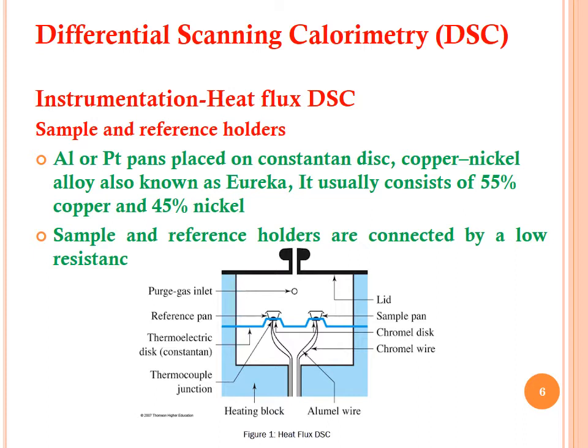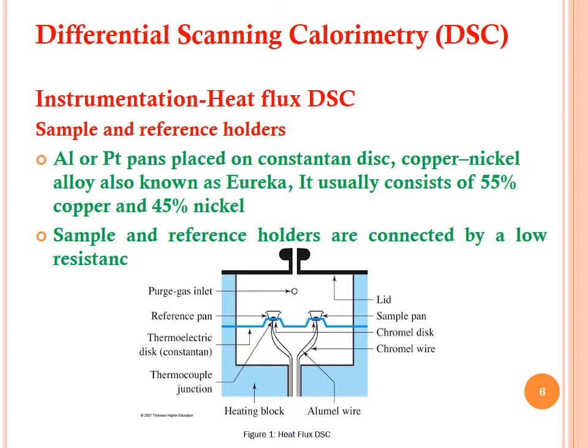At the right side of this block diagram, we have a lid that covers the whole system, the whole furnace, in other words. And there is the sample pan, chromel disc, chromel wire, and on the left is aluminum wire. The right side has the bottom heating block. Then there is the thermocouple junction, thermoelectric disc, Constantan, reference pan, and purge gas inlet.